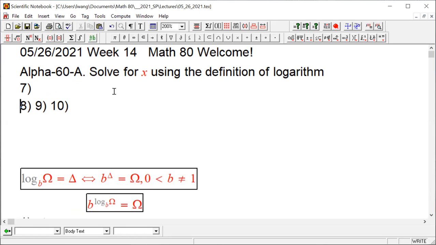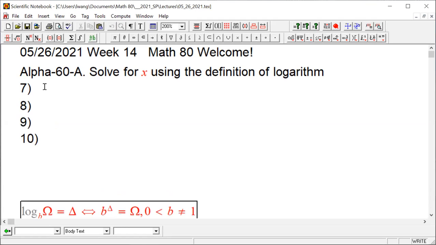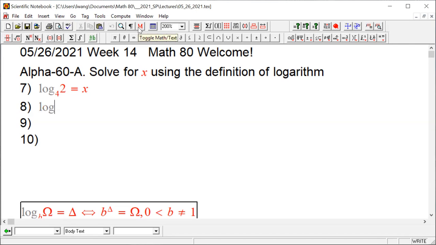Number 7, we have log base 4 of 2 equals x. Number 8, log base 4 of x equals 2.